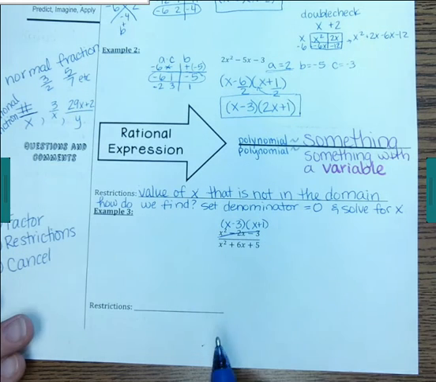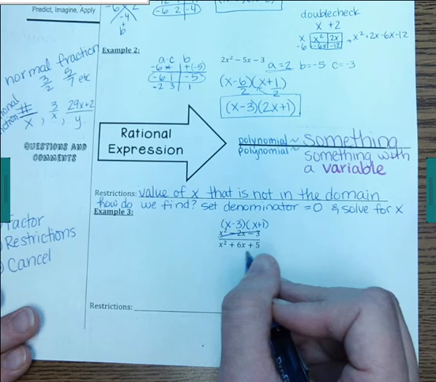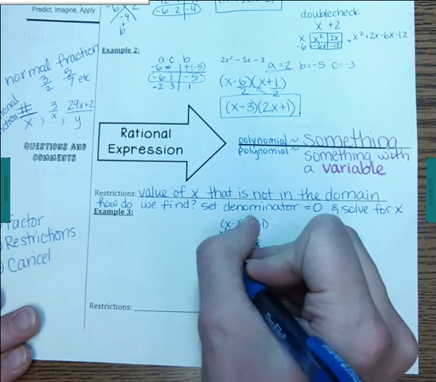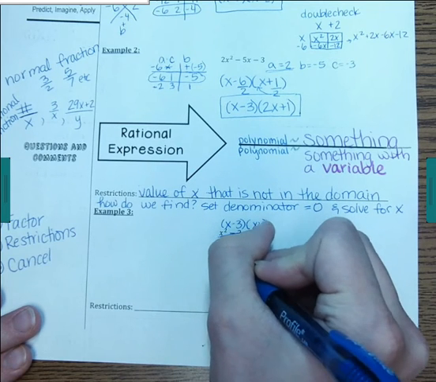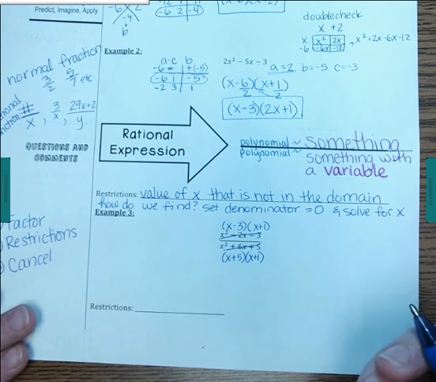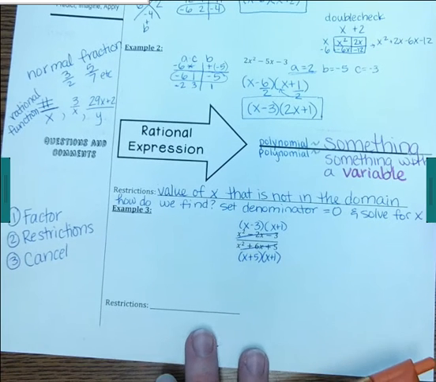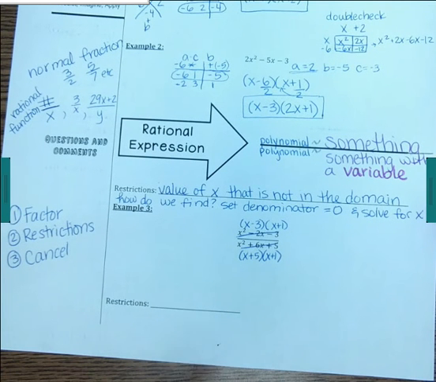The factored form is the more useful in this case. Now numbers that multiply to 5 and add to 6, that's going to be x plus 5 and x plus 1. And then we're going to start, well, either canceling or restrictions. I usually get so excited at this point where I start canceling, but then I have to go back and make sure I get all the restrictions that are necessary. So I'll go ahead and show you.